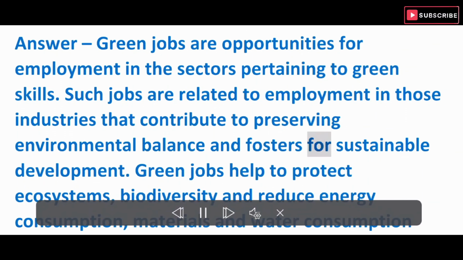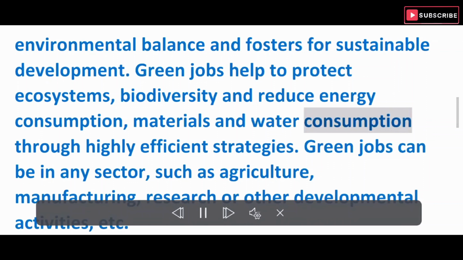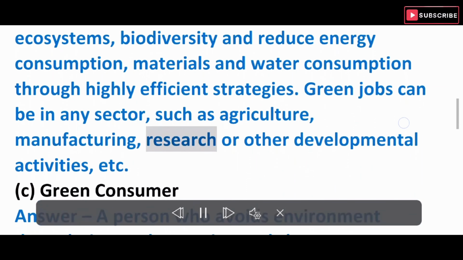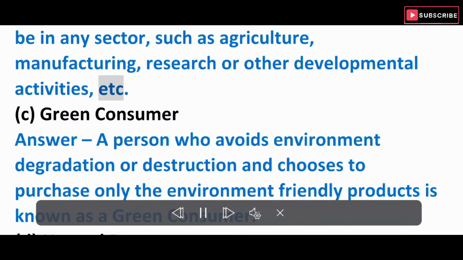Green jobs help to protect ecosystems, biodiversity and reduce energy consumption, materials and water consumption through highly efficient strategies. Green jobs can be in any sector, such as agriculture, manufacturing, research or other developmental activities.